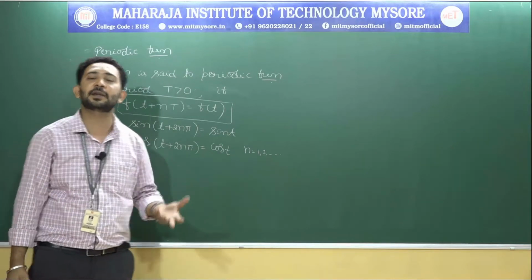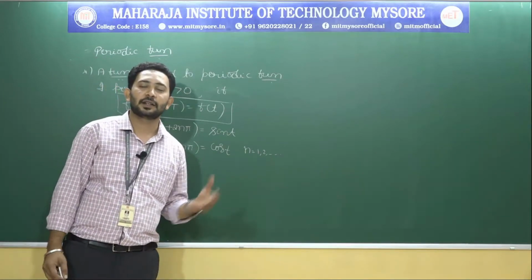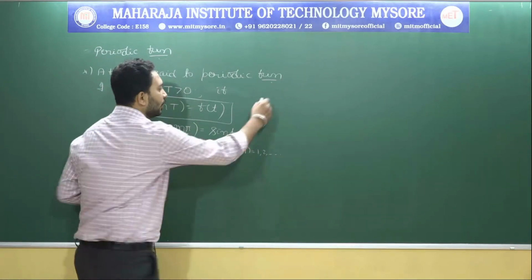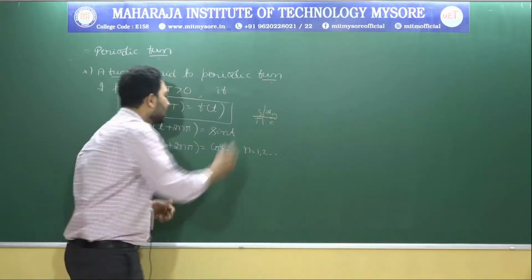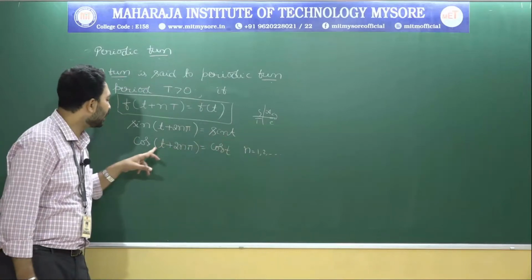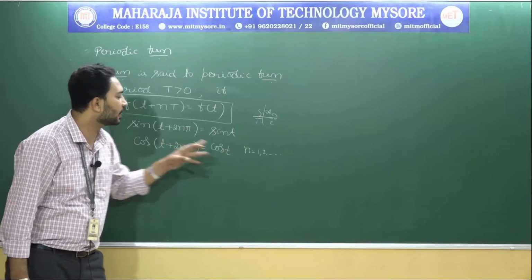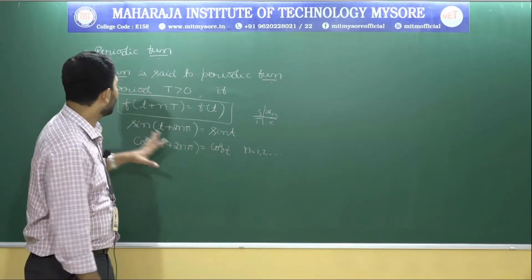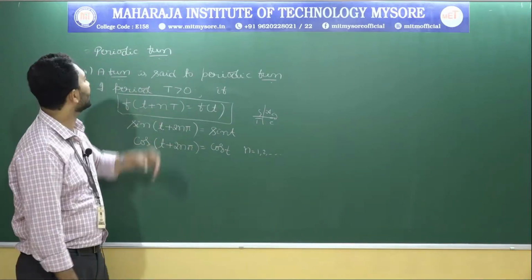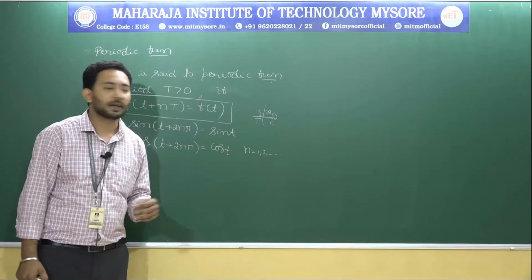What is sin of 360 plus theta? It is sin theta. It comes under the first quadrant. So we know ASTC, first quadrant. It is nothing but sin t. Similarly, cos of t plus 2n pi, if I put n equals 1, 2, 3, we will get the same result, that is cos t. Therefore, sin t and cos t are examples of periodic functions.